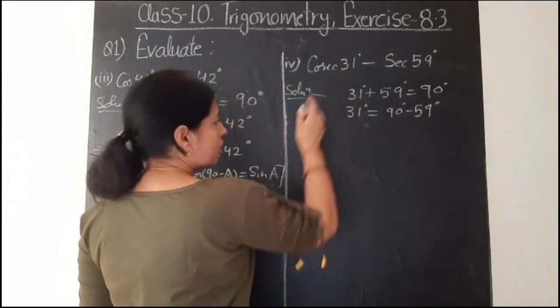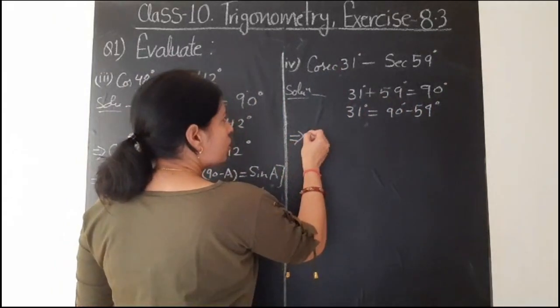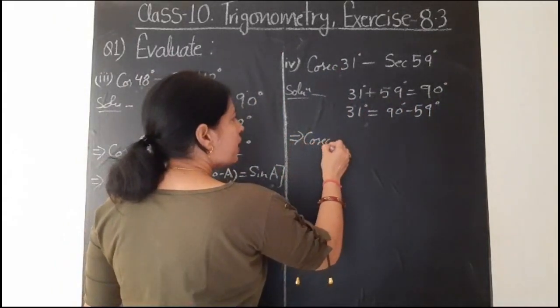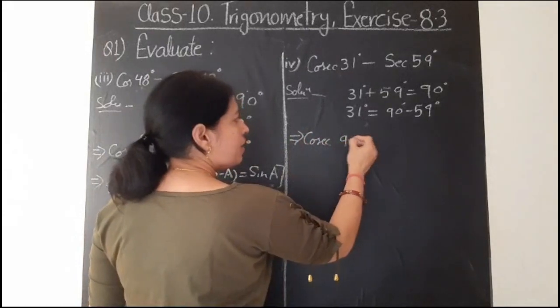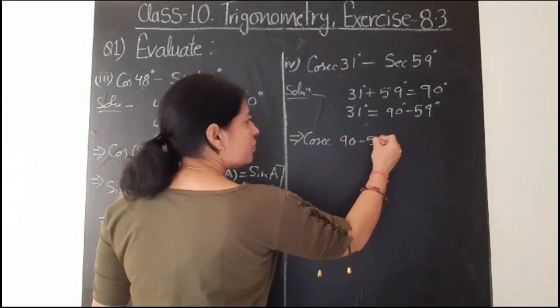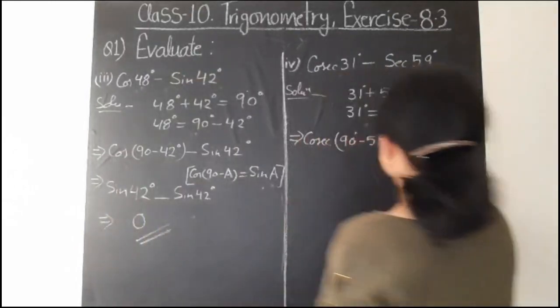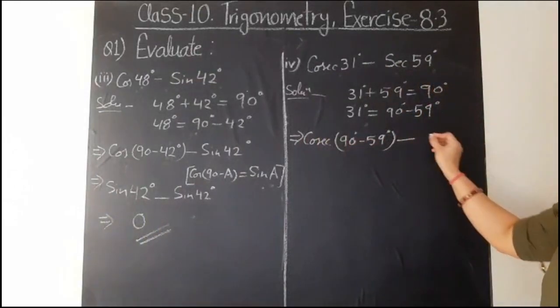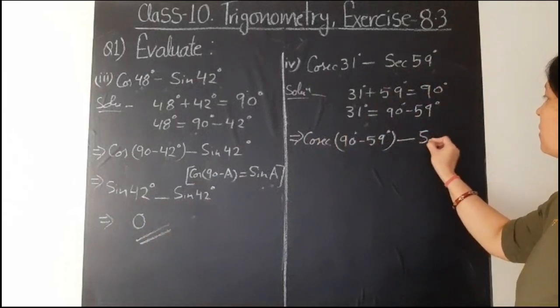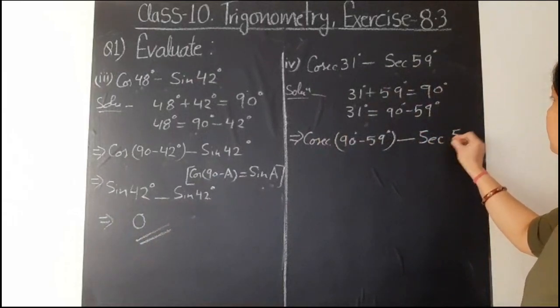So write this value here. So it will come cosec 90 minus 59 degree minus, write sec 59 as it is. So it is sec 59 degree.